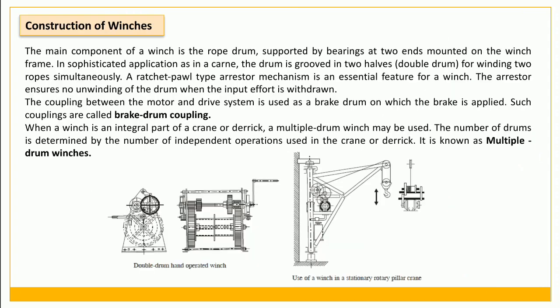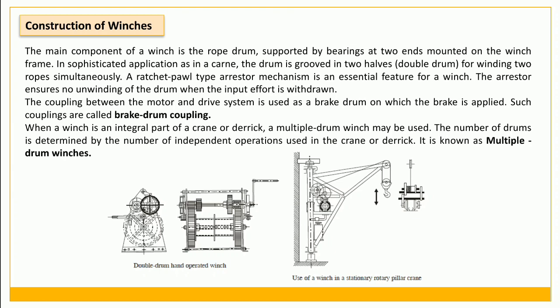Now in case of constructional features, we can see that the main component of a winch is the rope drum, which is supported by bearings at two ends mounted on the winch frame. This frame may be made of cast iron or fabricated from steel plate. The rope drum is generally single and plain, where the rope is wound in multiple layers.